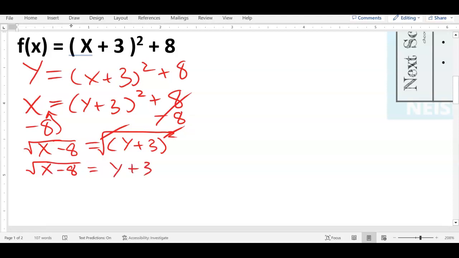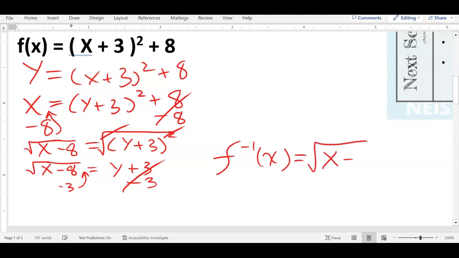Last step, that plus 3 has got to go. The opposite of plus 3 is minus 3. And remember, it goes after the square root sign. Okay? So if I'm going to write my final step, it's f inverse x equals square root of x minus 8, and then the minus 3 goes after the square root sign.